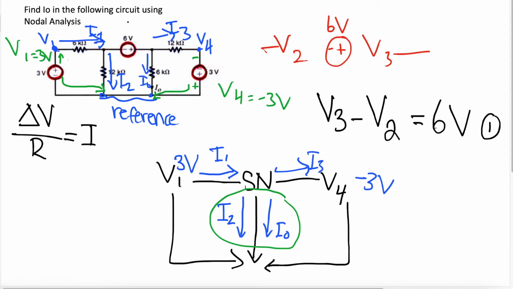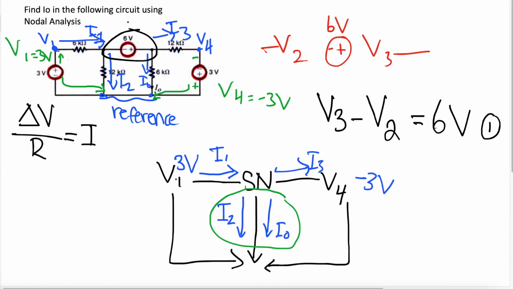So essentially we created a supernode. We combined I2 and I0 to come down the same pathway as we manipulated this circuit. The reason we were able to do that is because there's a voltage source between V2 and V3, the 2 nodes. We were able to create a supernode and combine these 2 currents together to make this equation easier to solve.